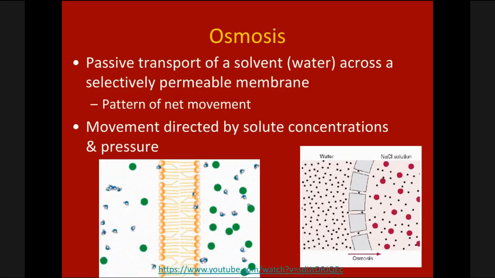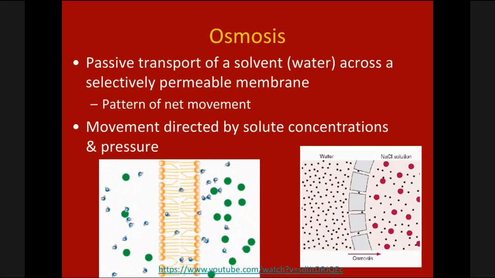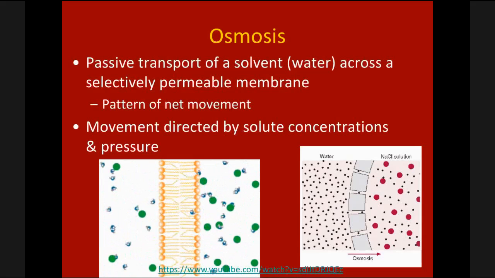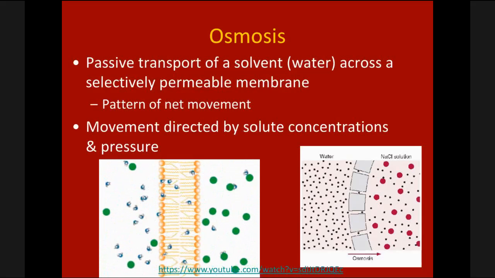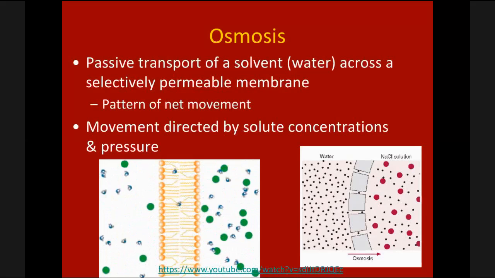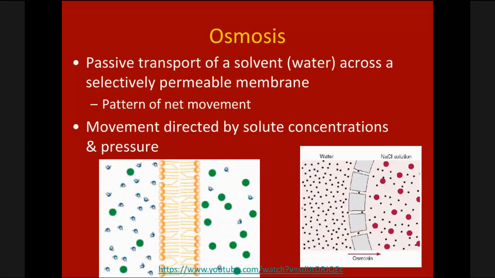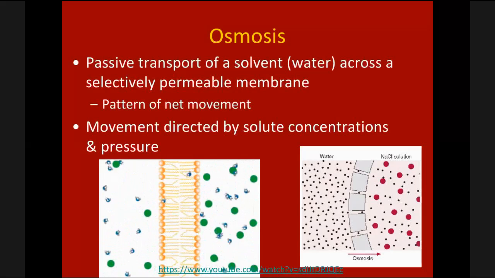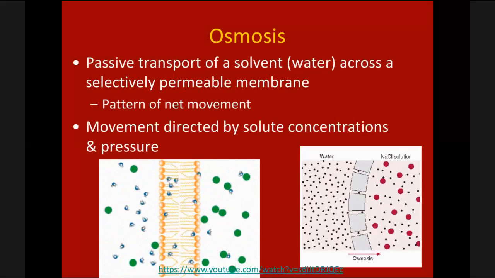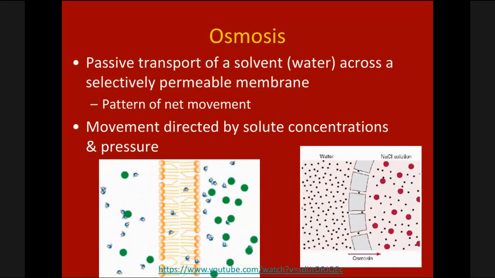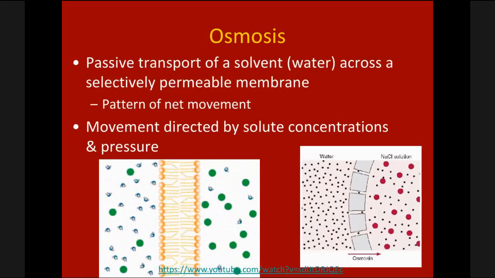The diffusion of a solvent is called osmosis. And remember that the universal solvent is water. And so we oftentimes will hear that osmosis is the diffusion of water. It's technically the diffusion of any solvent. But in biological systems, we're going to be talking about the diffusion of water because it's our universal solvent.